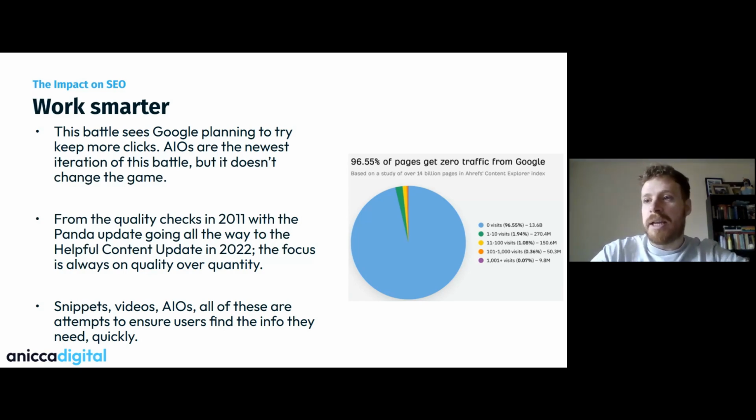You had the Panda update, and then going all the way to 2022 with the helpful content update. The focus has always been on quality over quantity. It's never had an issue with quantity of pages. There's always been a glut of stuff to work from. It's about finding the right stuff for their users. And snippets, videos, AIOs are all attempts to ensure users find the info they need quickly in whatever format they think is most relevant.